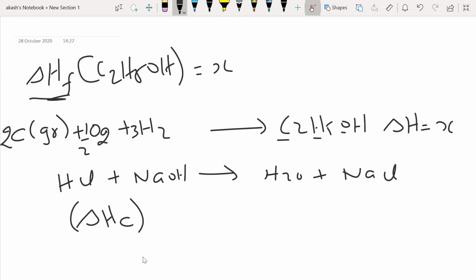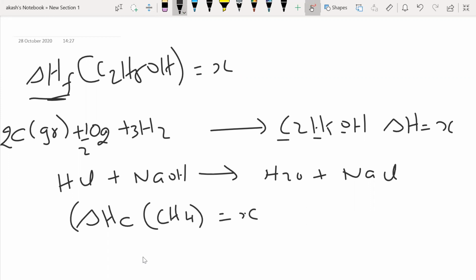Say for example, if I tell you that the enthalpy of combustion of CH4, methane, is some X. Now how will I write the equation for this? It's very simple.